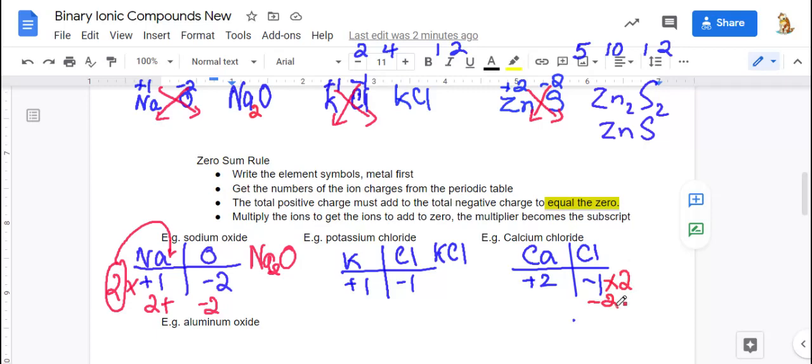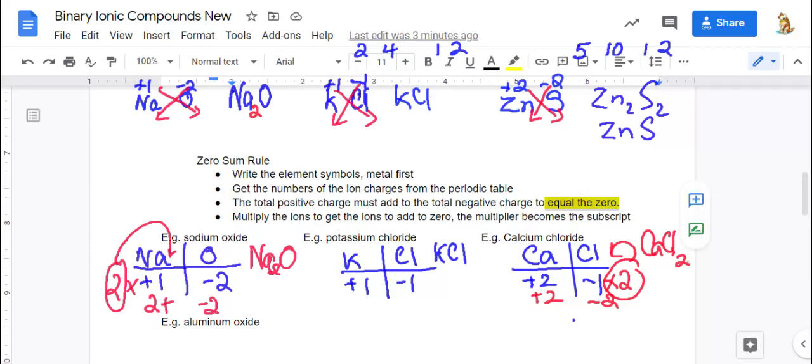That plus the +2 equals 0. So this becomes my subscript. So this is now CaCl2. The multiplier is the subscript for the same element that you multiplied the charge by.